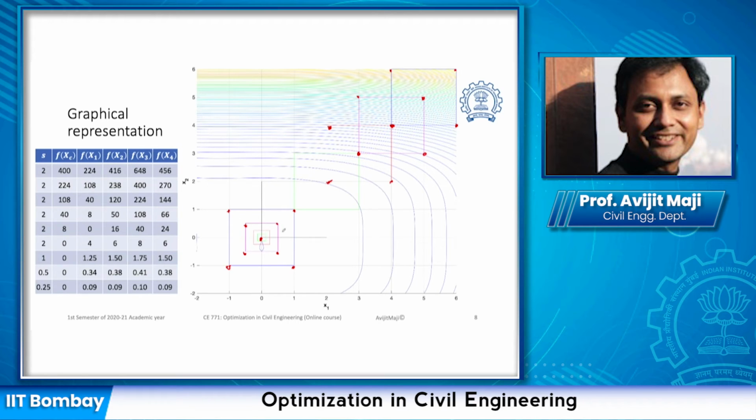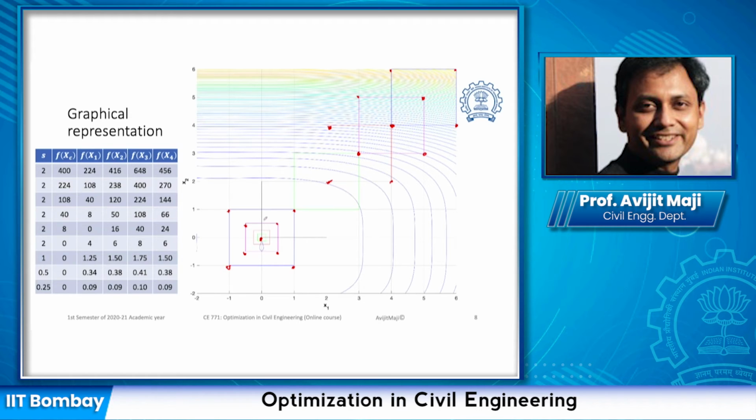Once we do that, again we find that the center point is better, so again we reduce the step size, and gradually, in a few iterations down the line, we find the step size is sufficiently small and less than the precision value which we have set.